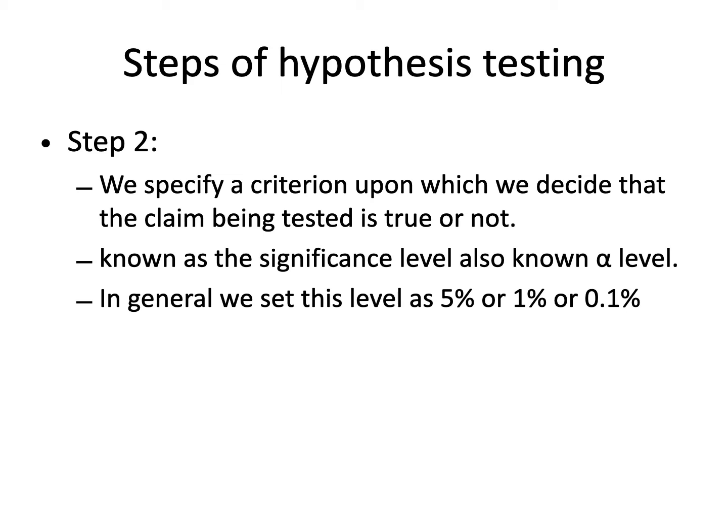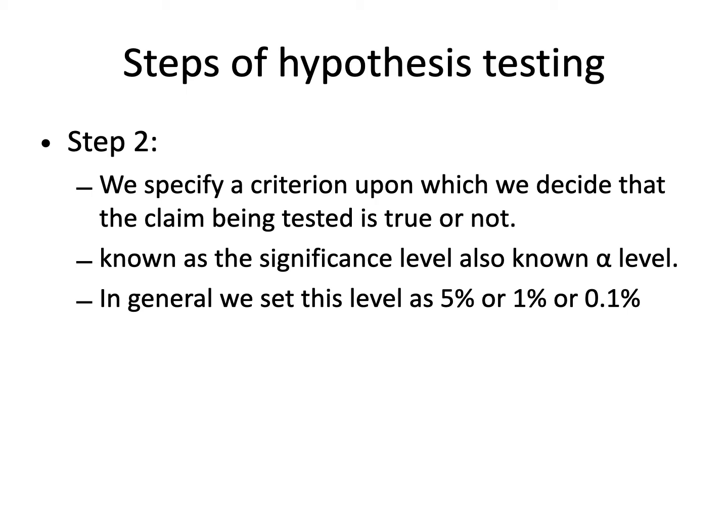So we can say that 40 is the level, and analogous to the exam score, we can set the level for the rejection or acceptance of the null hypothesis, and it is known as the significance level or alpha level. It is denoted by alpha.